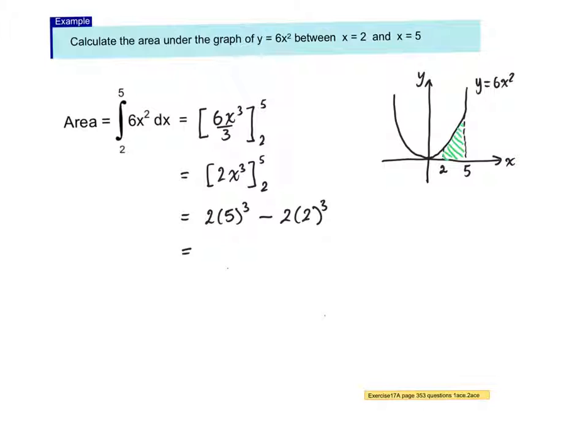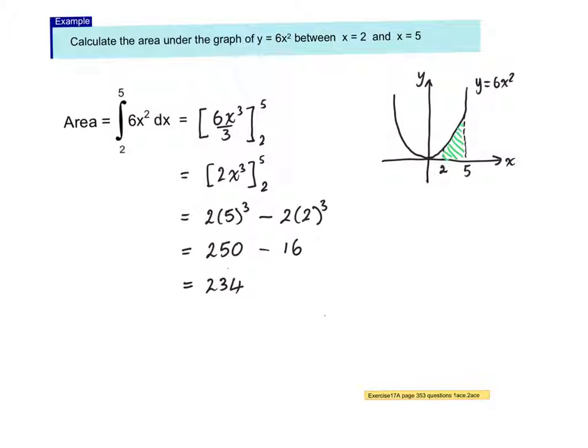So it's just a case of evaluating that. 5 cubed, 5 times 5 times 5 is 125. Multiply that by 2, gives us 250. 2 cubed is 8. 2 times 8 is 16. So we get 250, take away 16, which gives us an answer of 234.